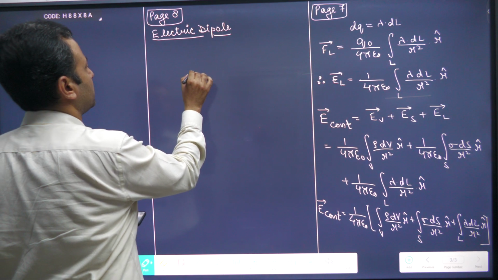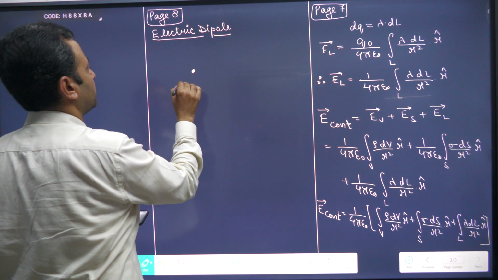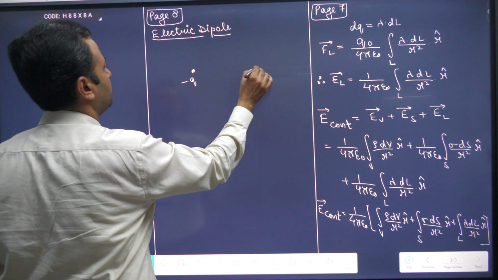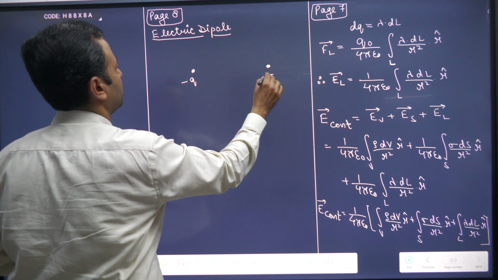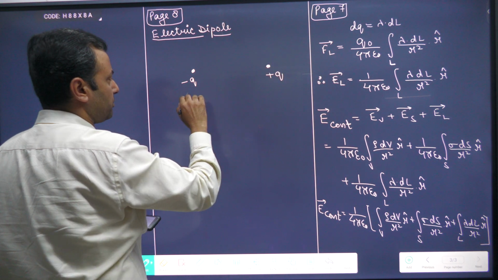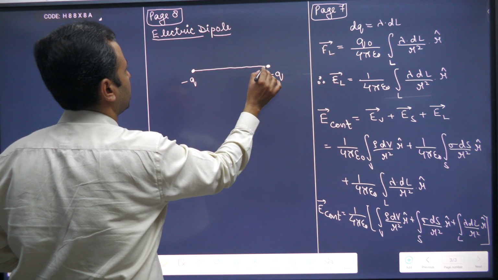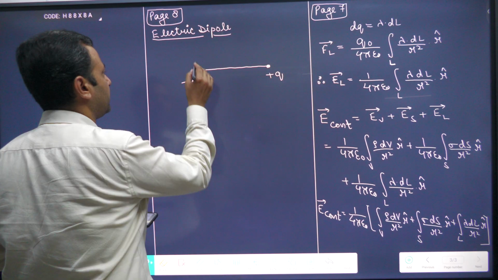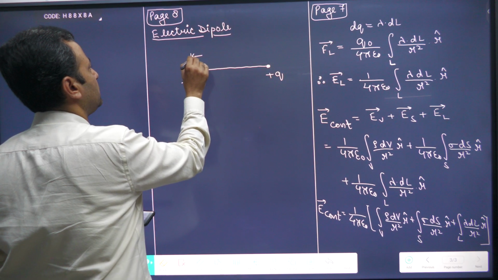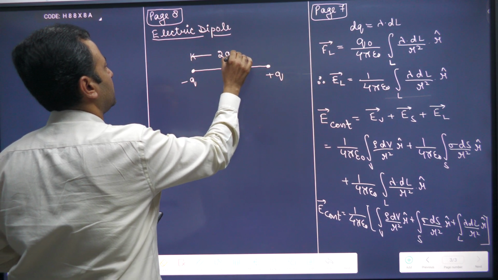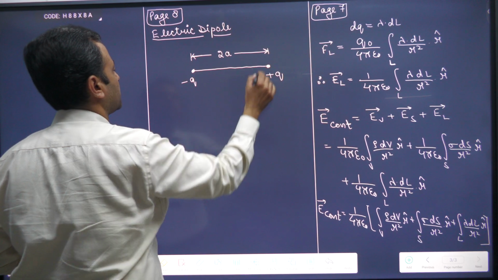So an electric dipole is a pair of equal and opposite charges like this, minus q and plus q, separated by a small distance, which we take to be 2a between these two charges.